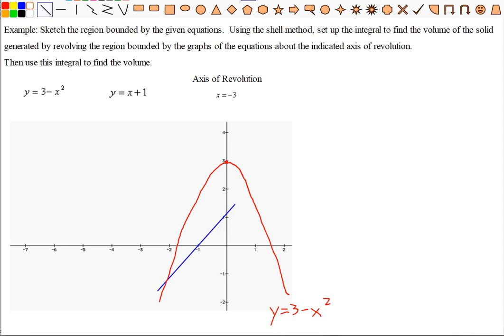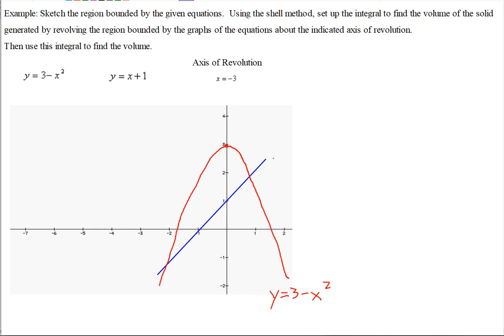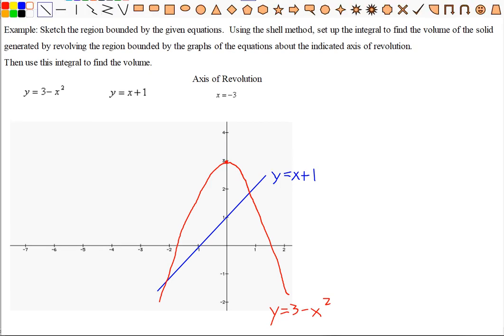Something like this. Just a rough sketch again. Doesn't have to be perfect. Just enough to help you see the region enclosed. So y equals x plus 1. And this time our axis of revolution is x equals -3. Again, draw it as dotted just so it doesn't get mixed up with the region enclosed there.